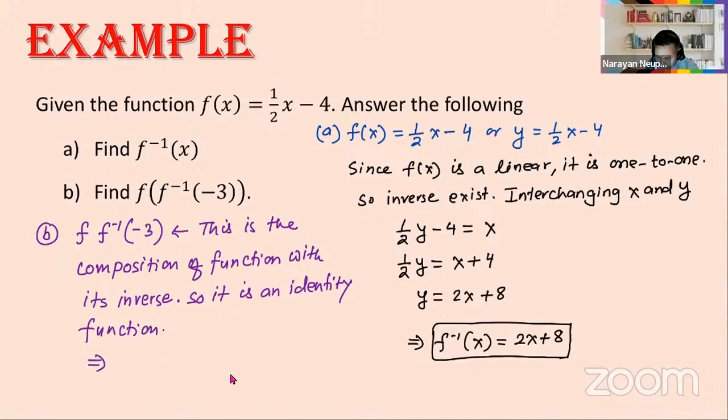So this implies the composition of the function with its inverse at -3 is equal to -3.